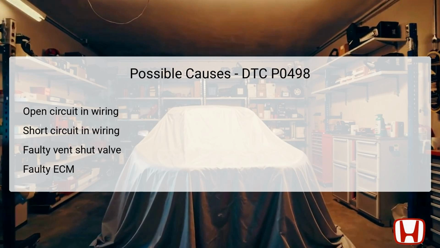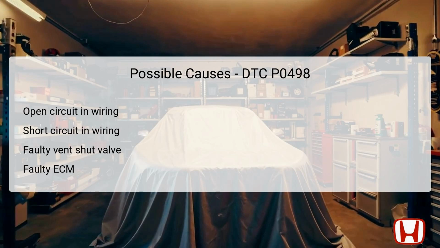Several potential causes can lead to DTC P0498. One of the more common issues might be an open circuit in the wiring harness that connects to the EVAP canister vent shut valve. This can disrupt the voltage signal necessary for proper valve operation. Conversely, a short circuit in the wiring may also cause the valve to malfunction, leading to an incorrect low voltage reading.